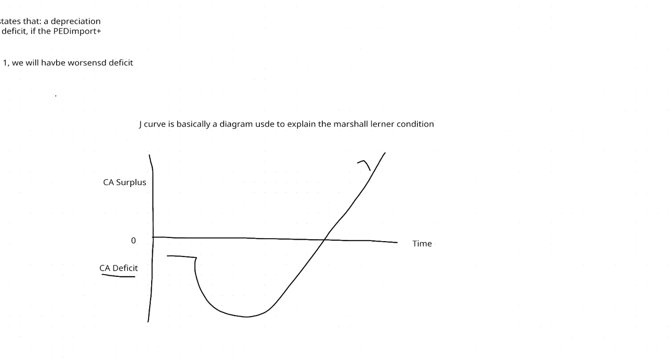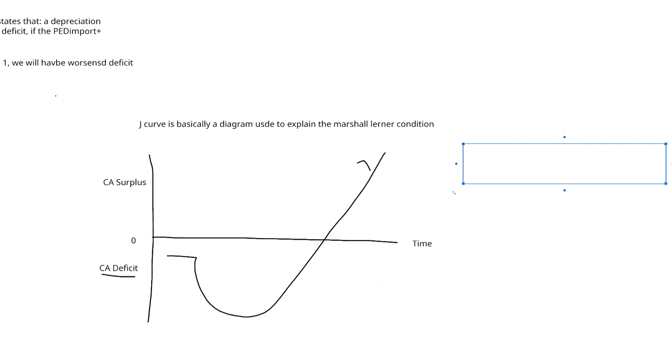So let me write the reason the J curve looks like a J. It's because it started with a CA deficit, but because the PED of export and PED of import added together is greater than 1, we will have an improved deficit.